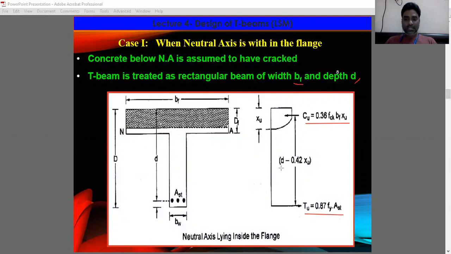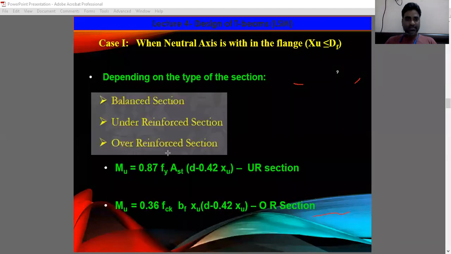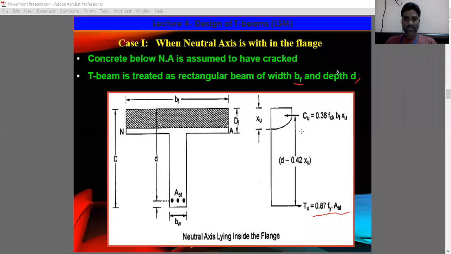And the lever arm is nothing but the distance between the compressive force and the tension force, that is d minus 0.42 xu, right? So xu should be calculated by equating the compressive force to the tension force, that is 0.36 fck into bf into xu is equal to 0.87 fy into Ast, right?